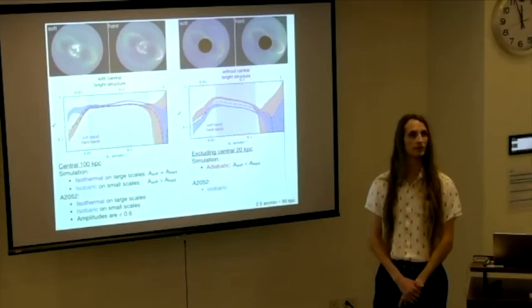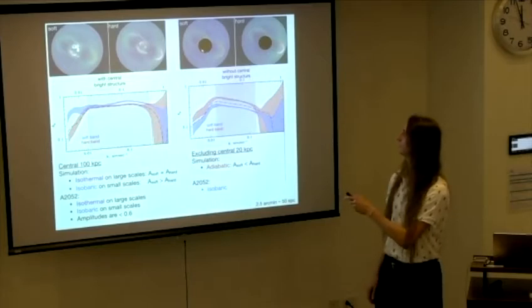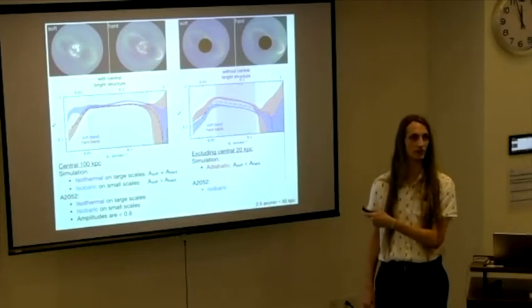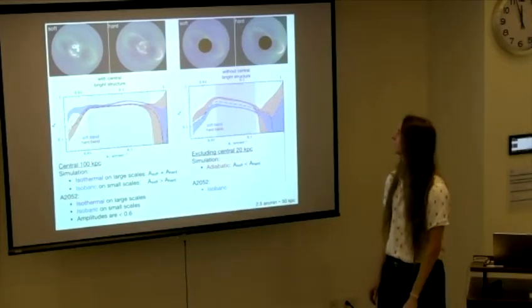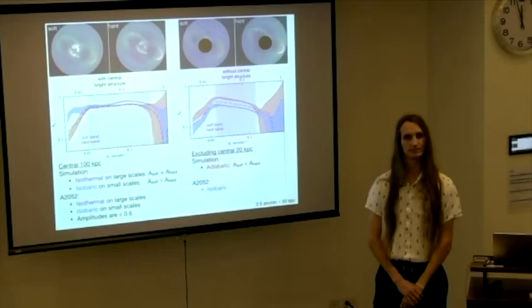But for the lowest wave number modes, you have fewer really low wave number modes in just that central region, but I think it's still a possibility. Okay, cool. It's definitely something we're still looking at.